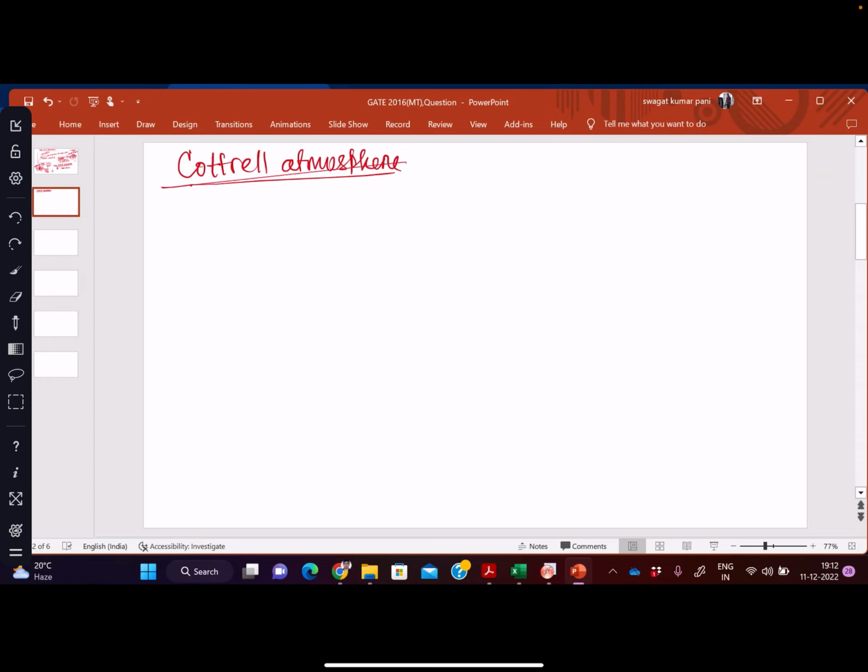So what is the Cottrell atmosphere? Along the dislocation line, suppose these are carbon atoms, they go and sit there. Suppose I draw this sideways, so this is the half plane.